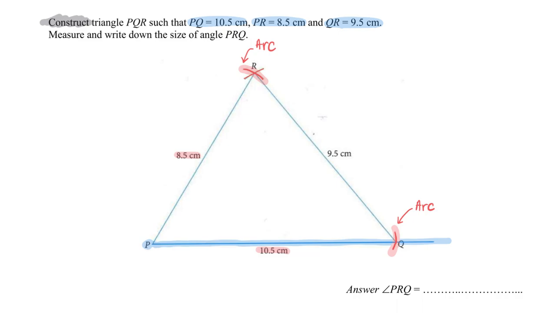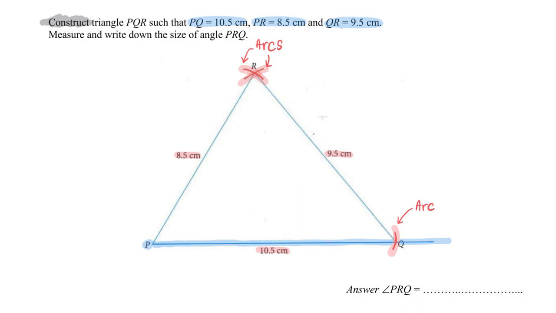And the last step would be to use a compass again to measure 9.5 cm, and that's where you are going to draw another arc here, and you will realize that the arcs for these two lines intercept each other.